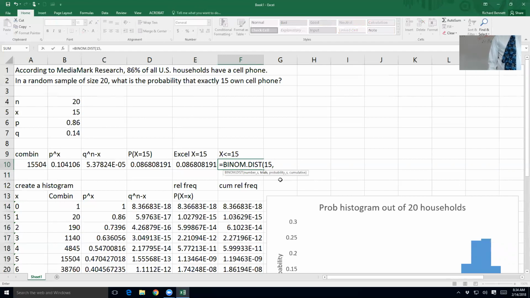Number of trials? 20. Probability of success? 0.86. And if it says less than or equal to 15, do I want the cumulative this time? True. Okay, and that should be 13.7%, and it is. So, isn't that a nice little function?